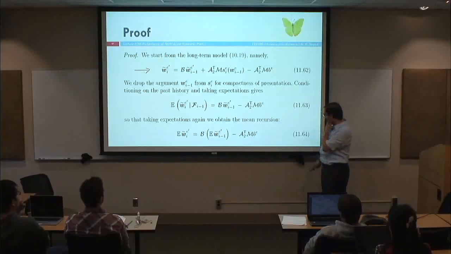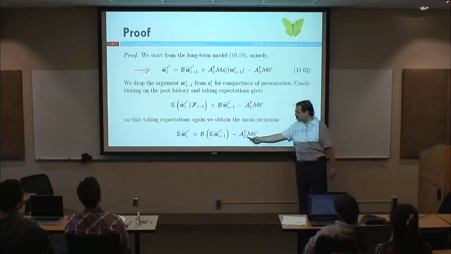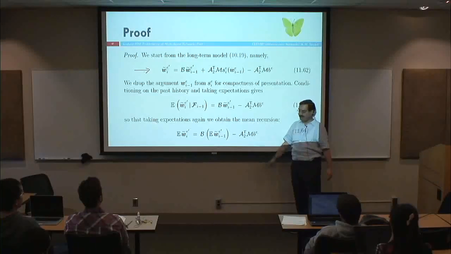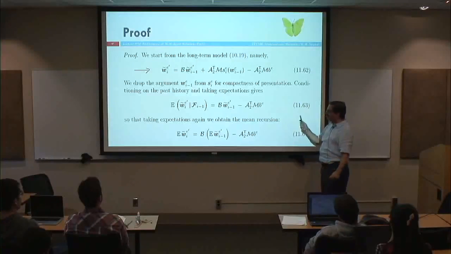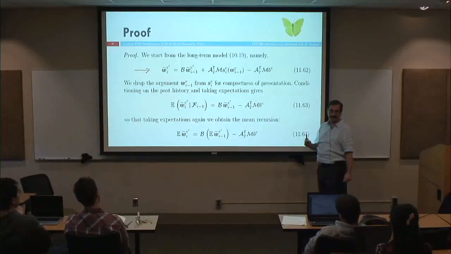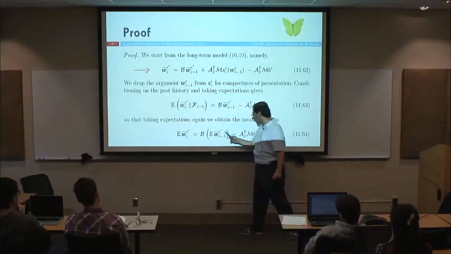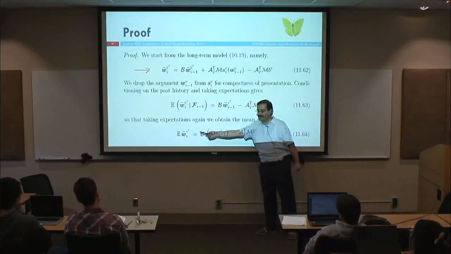Now, the important thing to observe: B is stable. So if you iterate, this is a constant driving term. If I iterate that recursion, will the mean value go to 0? This is like x equals Bx plus a constant. If you iterate it, it will not go to 0.